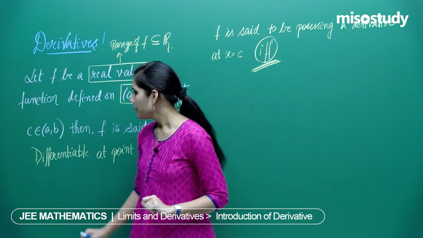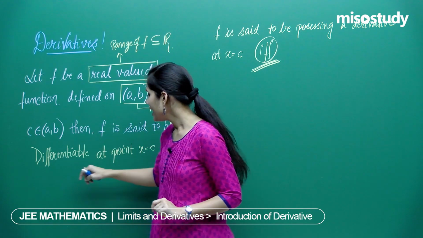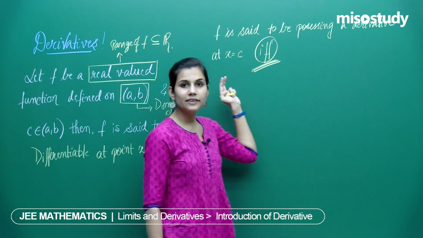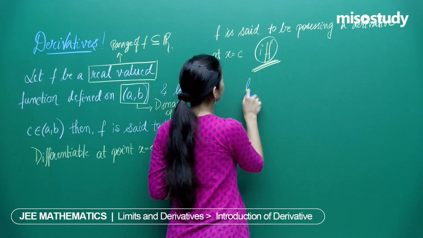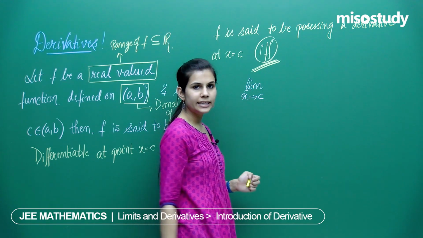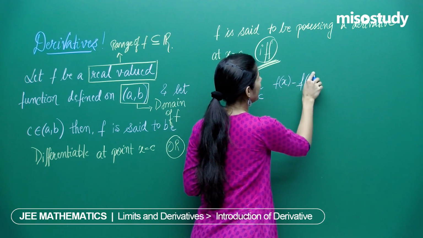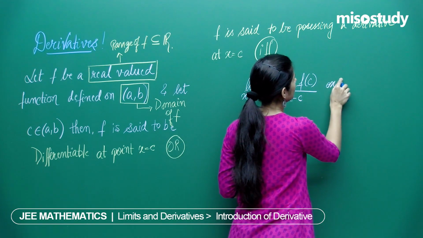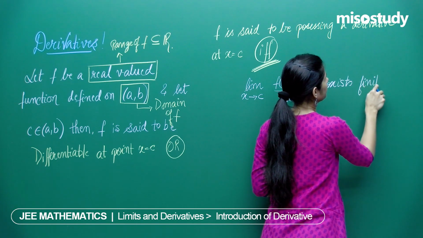When can you say that if c is some specific point of the domain of f, then f is differentiable at that point or f is having a derivative at that point? We can say that if and only if the limit as x approaches c of (f(x) minus f(c)) upon (x minus c) exists finitely.